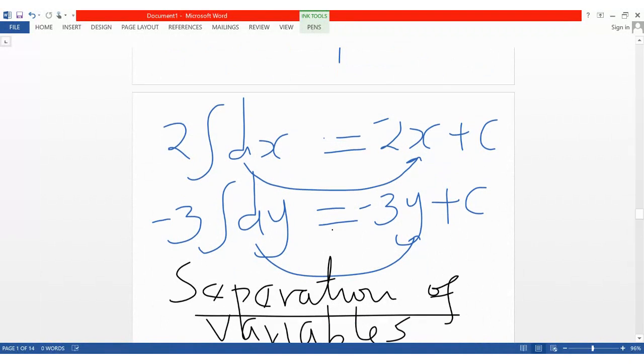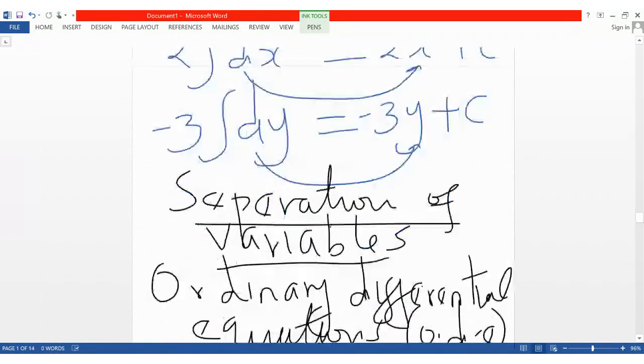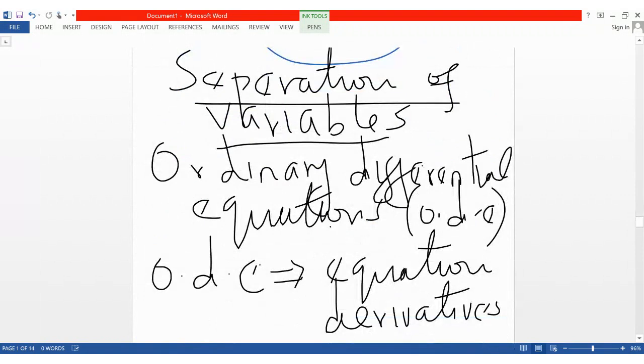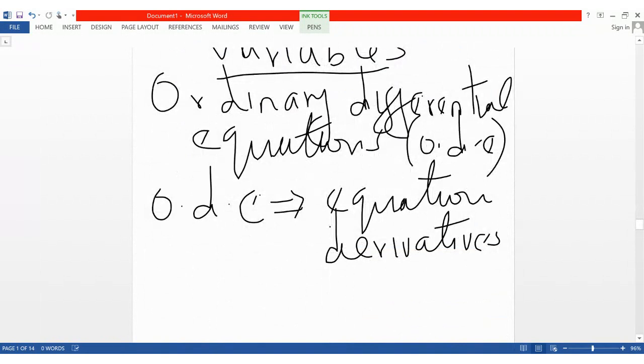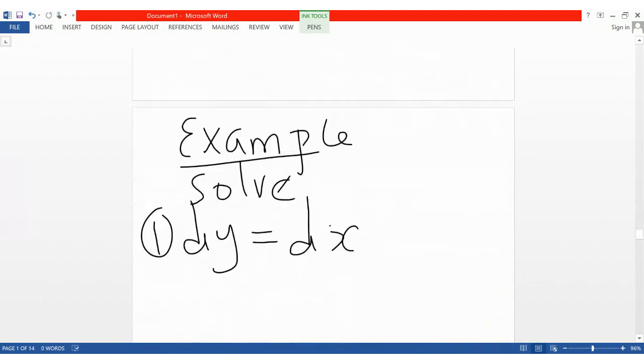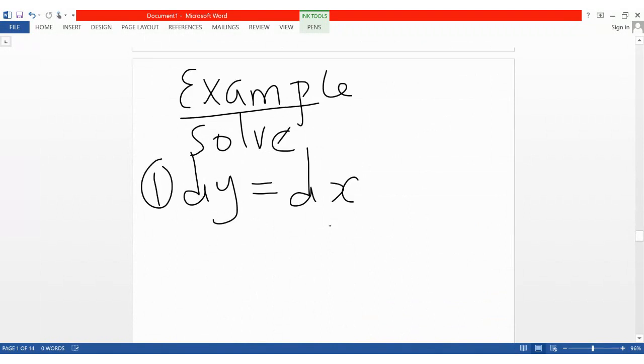So in separation of variables, we have ordinary differential equations, ODE, an equation that involves derivatives. For example, we want to solve this equation. What are we being asked to do? When you're told to solve such an equation, they are asking you to find a solution in terms of x and y.